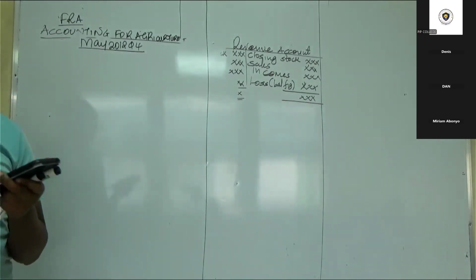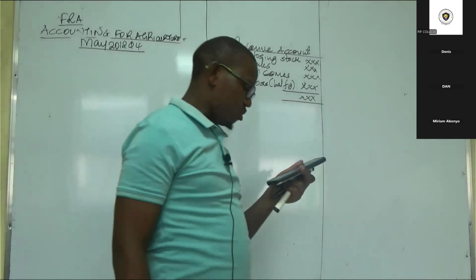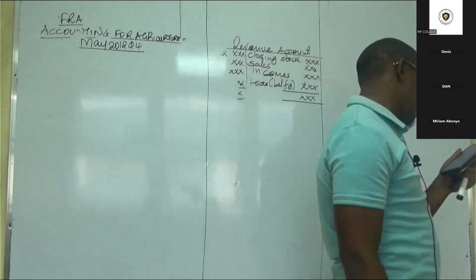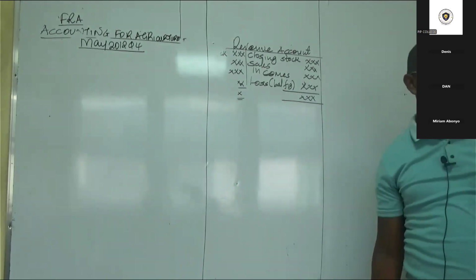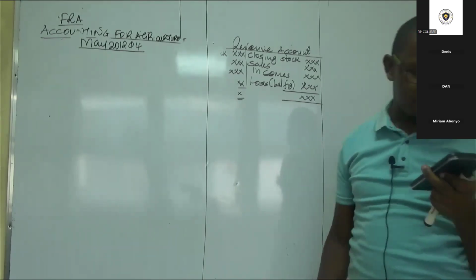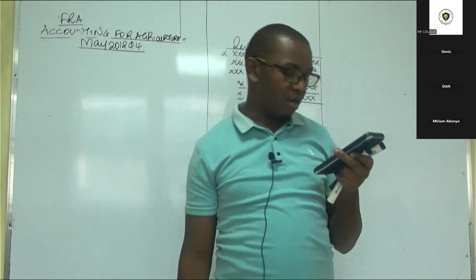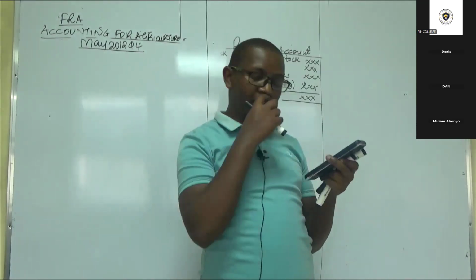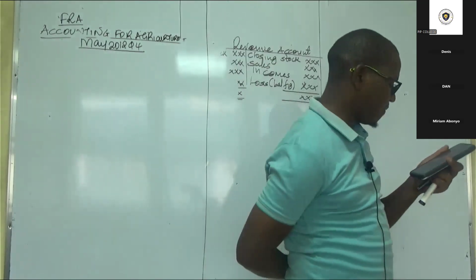Additional information. On additional information number 1, inventories as at 31st March 2012 are valued as follows: growing crops, seeds and fertilizers, livestock feeds.